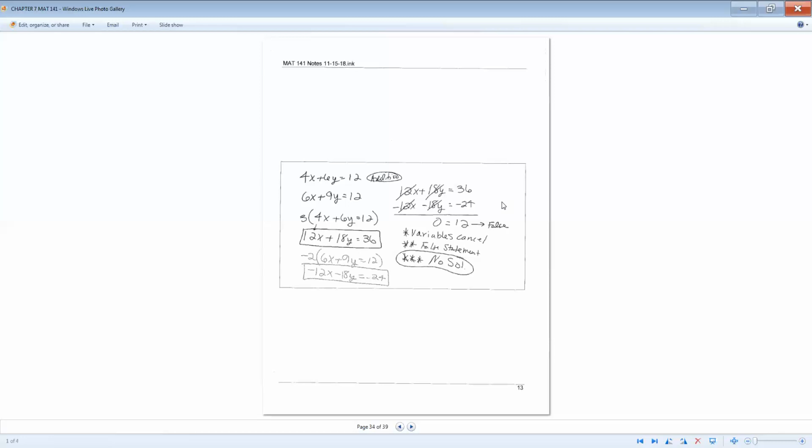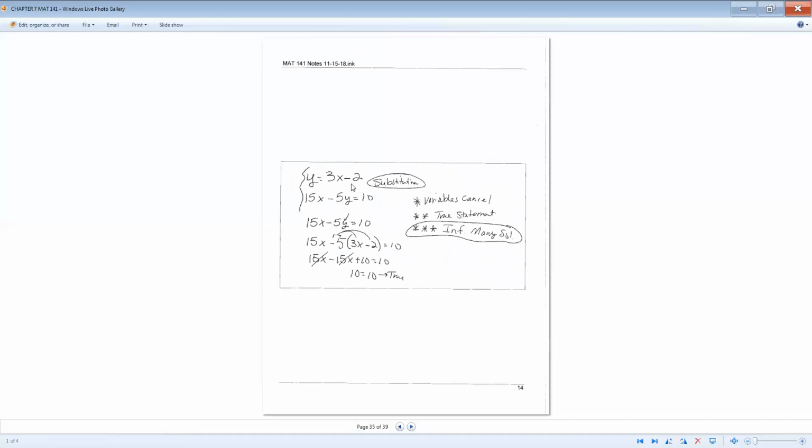When your variables cancel and you have a false statement, your answer is no solution. Remember, no matter what method you use, you have 3 possible outcomes: 1 solution, no solution, and infinitely many solutions. So this is what no solution looks like. Variables cancel and you get a false statement.